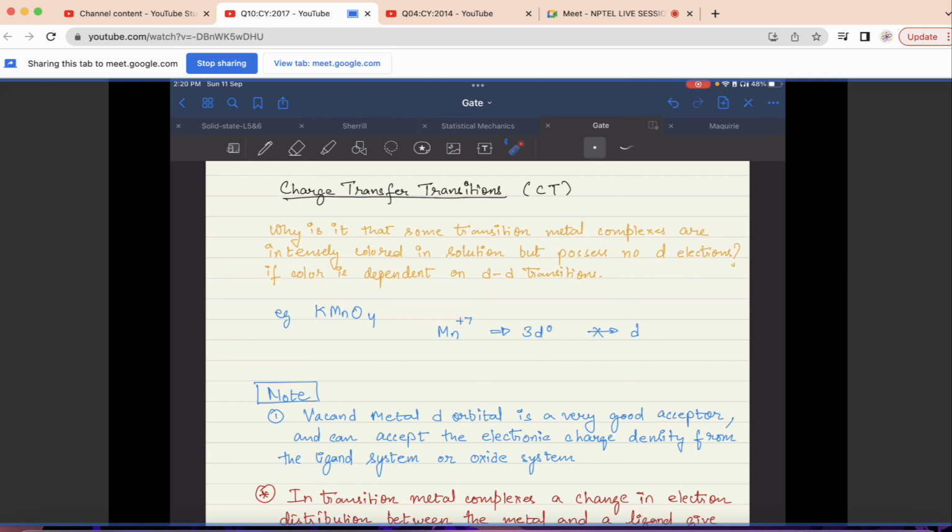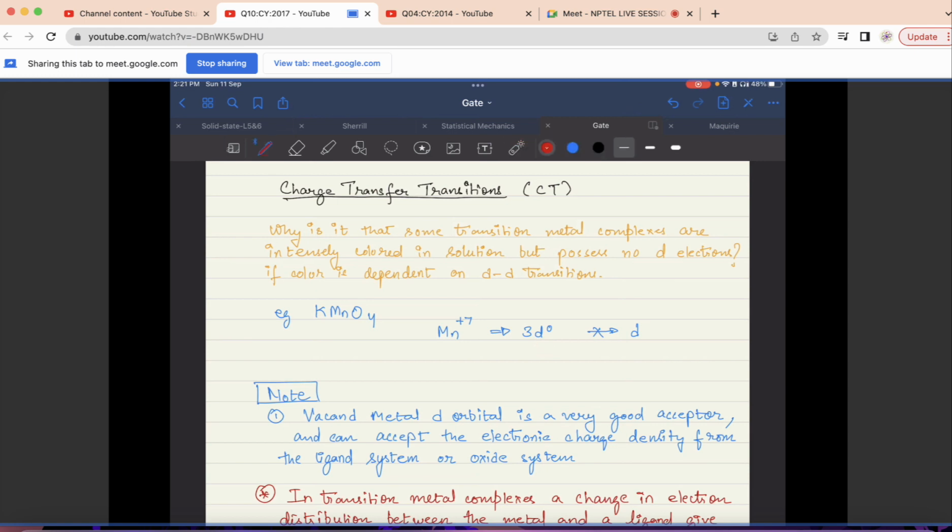So if there is no electron in the d orbital of the metal, then what is the reason for the intense color of a metal complex?